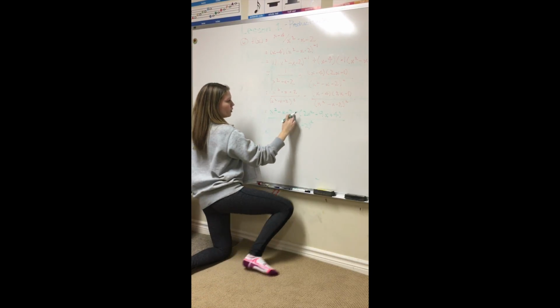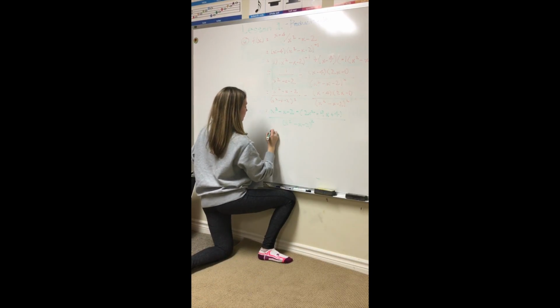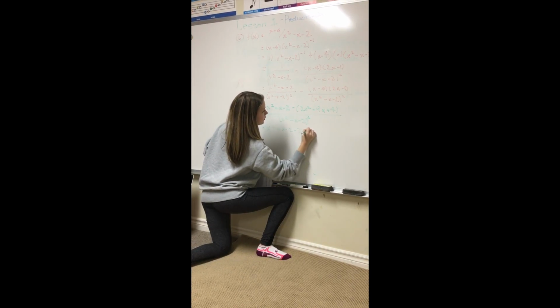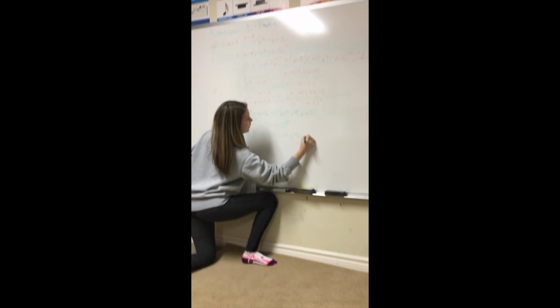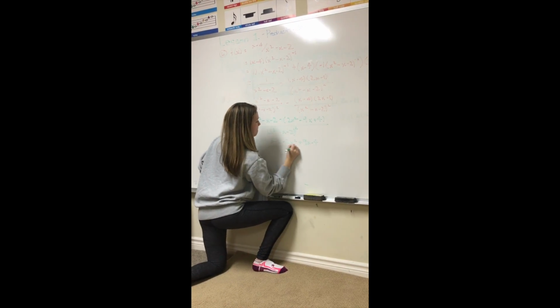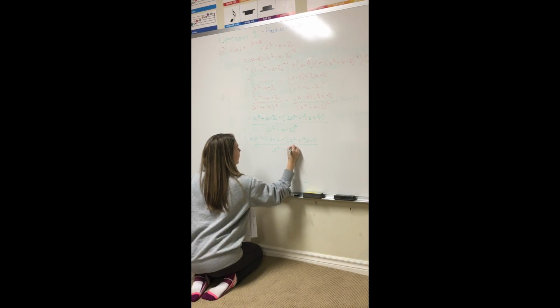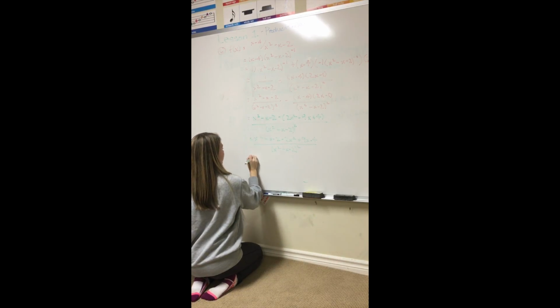This then, distributing this negative out, is going to be x squared minus x minus 2 minus 2x squared plus 9x minus 4 all over (x squared minus x minus 2) squared.